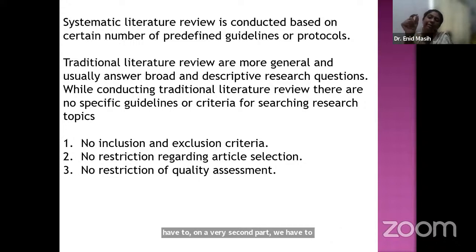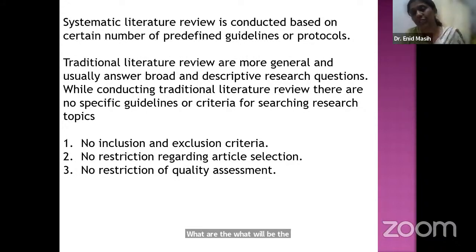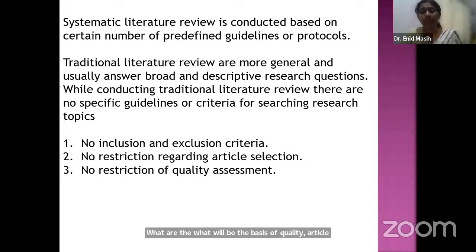When we are defining the protocols, at that time only we have to see what quality assessments we are going to use, what will be the basis of quality article selection, and what inclusion and exclusion criteria we are going to use in our coming research.